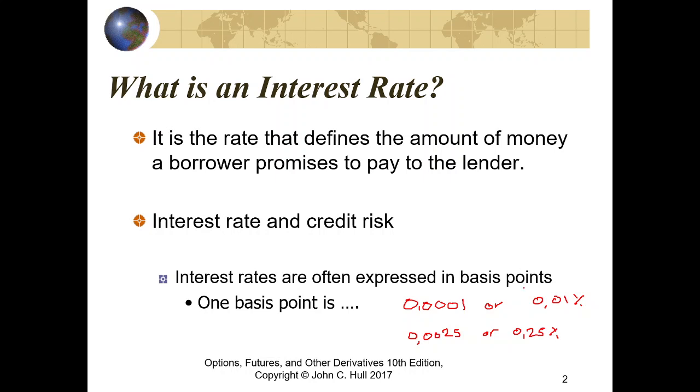This is extremely important to master and make sure that you understand what the basis point is, because whenever we are dealing with interest rates or interest rate swaps, we will be relying on this, because this is what is used in the industry.